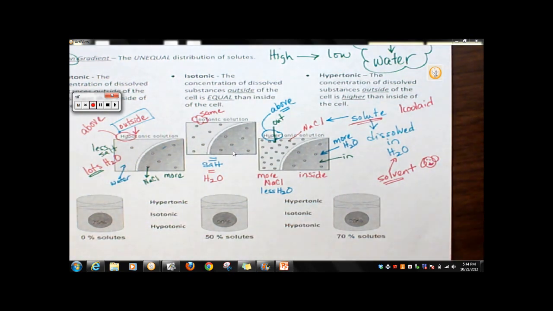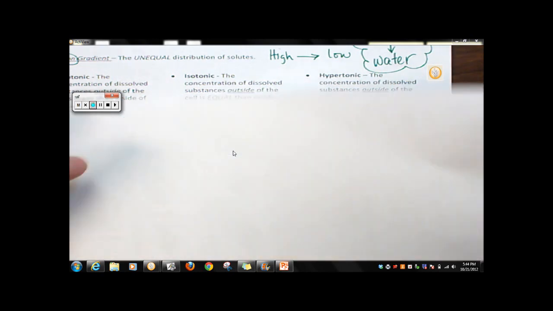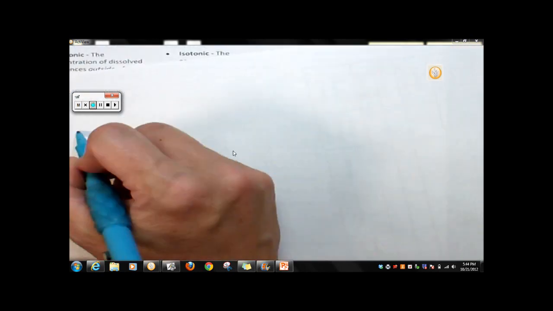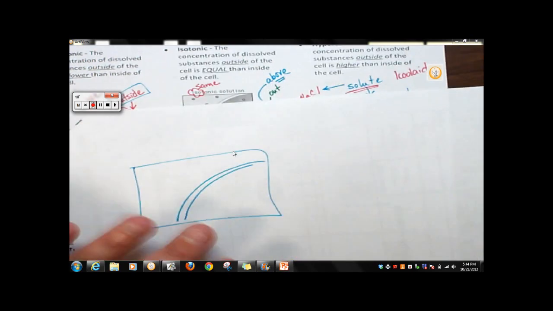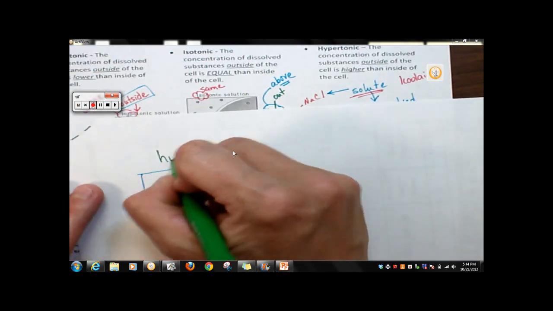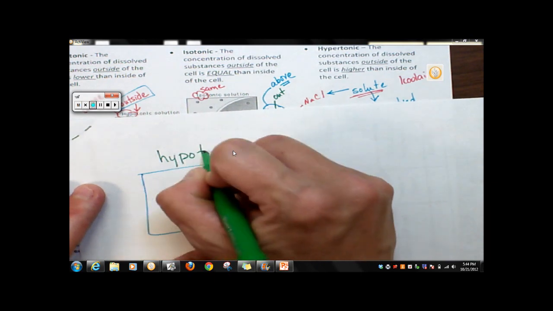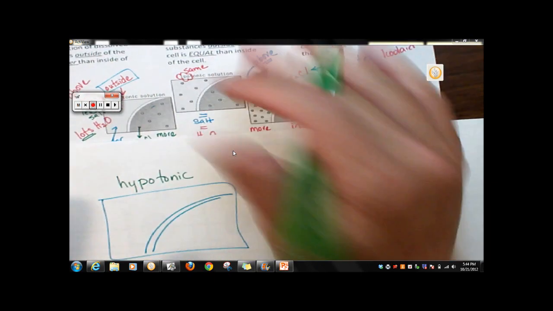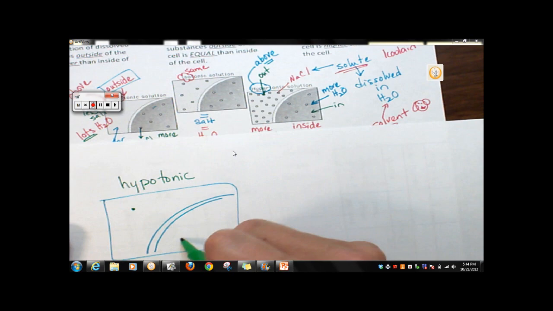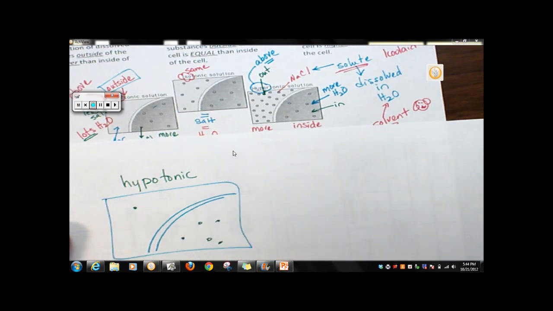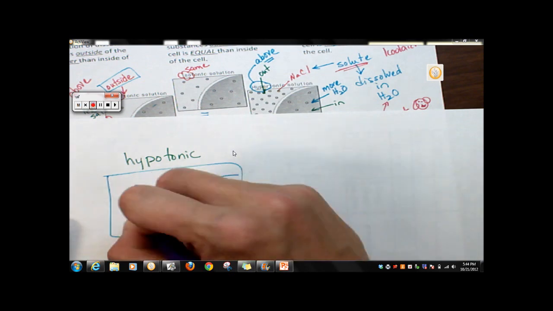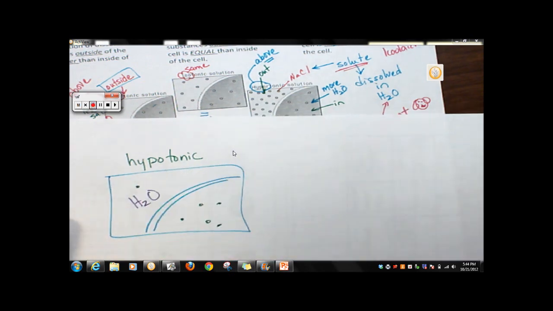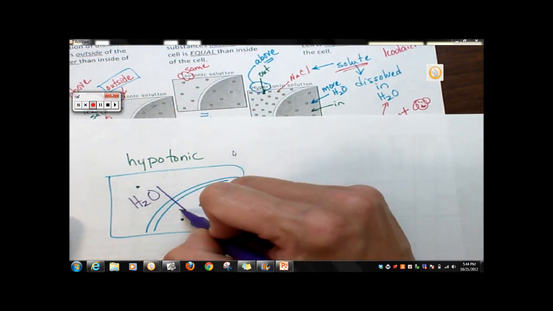So the kicker is you need to know what's going to happen to the cell as a result of this movement of water. So if this is the cell, and the cell is in a hypotonic solution, that means there's not very much stuff outside. There's a whole bunch of stuff inside. Where's there more water? There's more water here, so the water will tend to go into the cell.